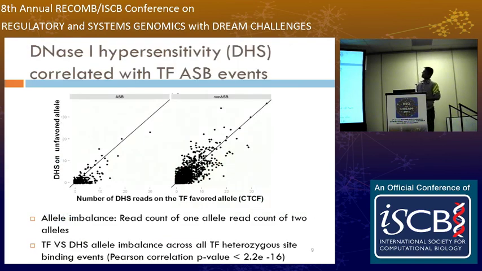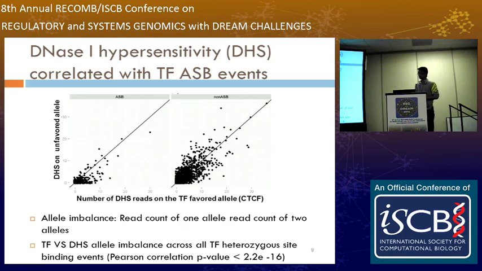Next, we further look at DNase hypersensitivity, DHS, and it is quite similar. We found that the favored allele in the ASB events shows more openness, and for the non-ASB events, overall, it's quite balanced.